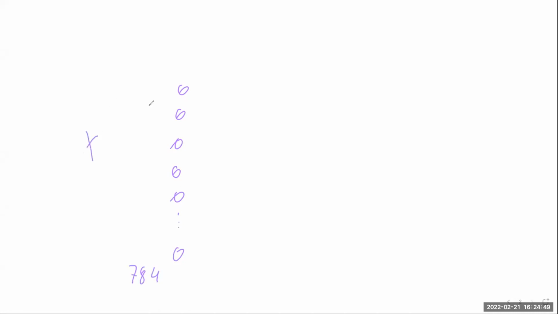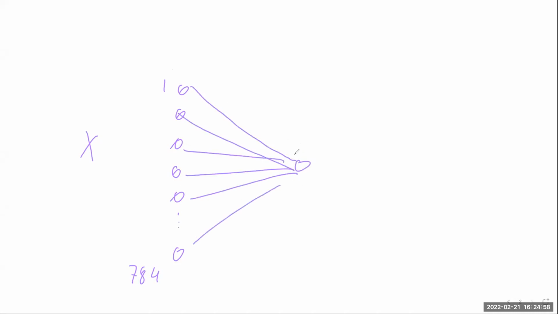This is the input X, and we only have 1 output, which runs through the sigmoid function so that the value is in the range 0 to 1. And then we have a threshold of 0.5 to indicate. So this is the architecture of our model, okay?